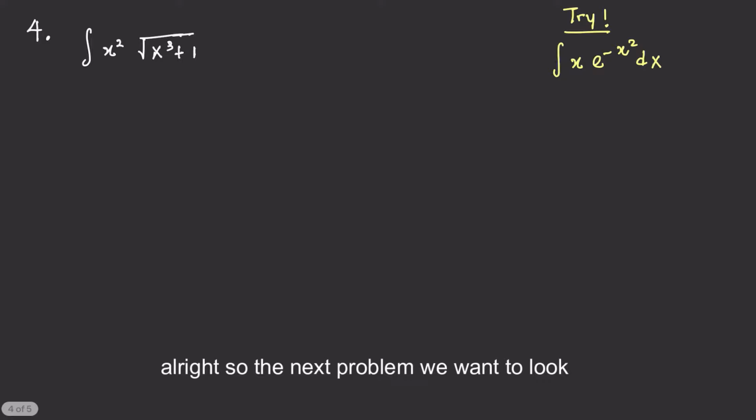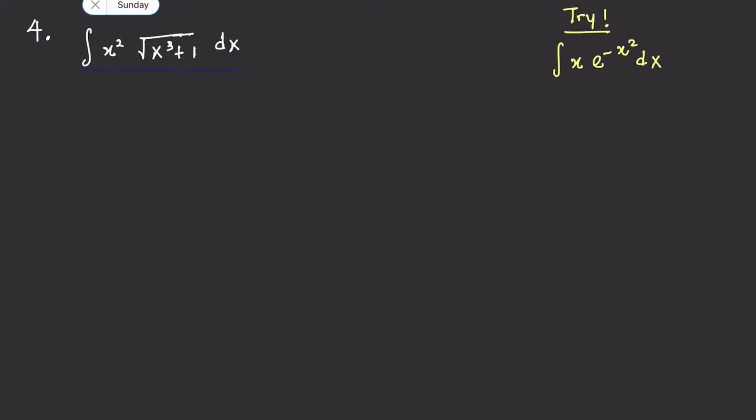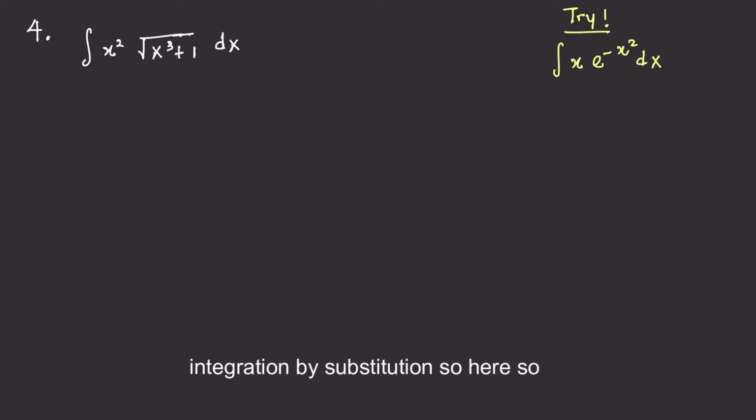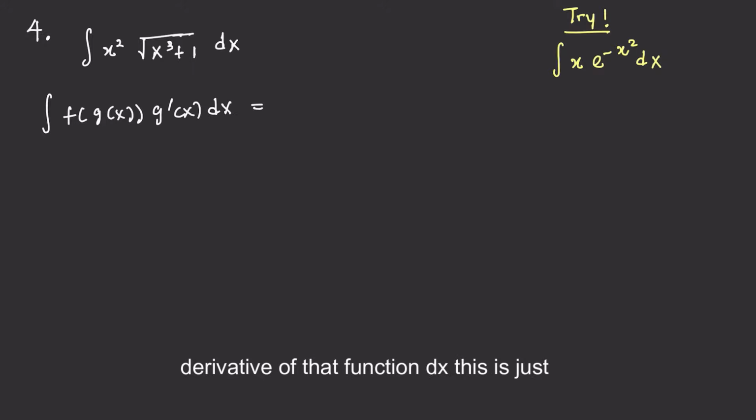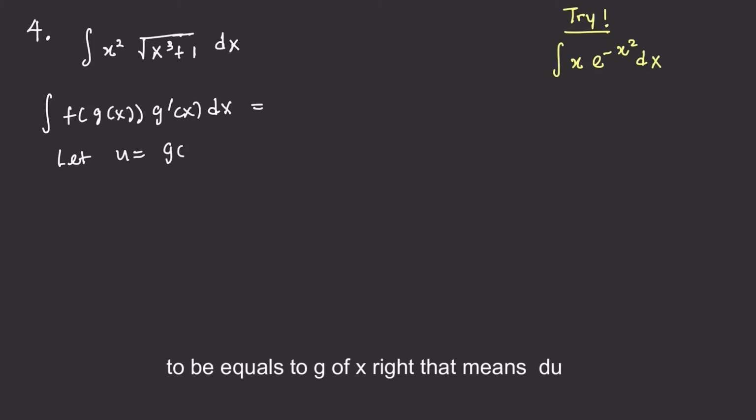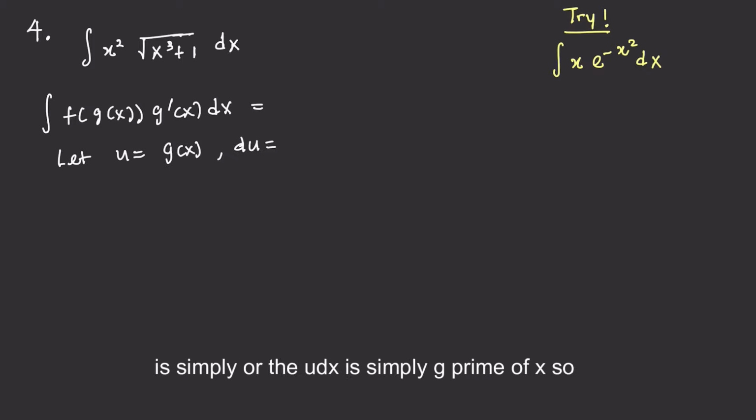Alright, so the next problem we want to look at is integration by substitution. So here I forgot to put dx. The basic idea behind integration by substitution is this: if you have the integral of a function multiplied by the derivative of that function dx, this is just simply if I let my u be equal to g of x, that means du dx is simply g prime of x.